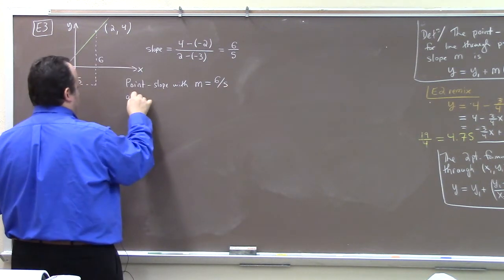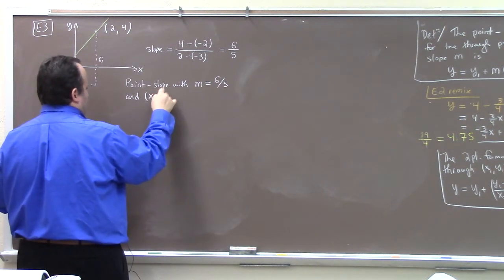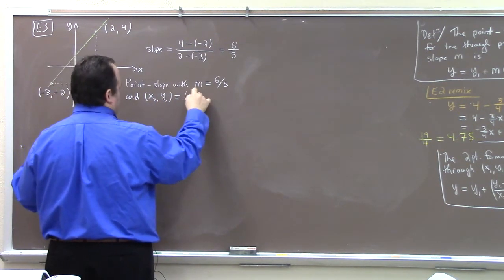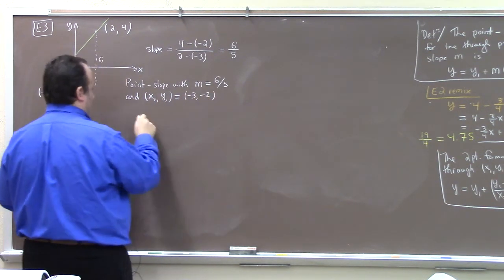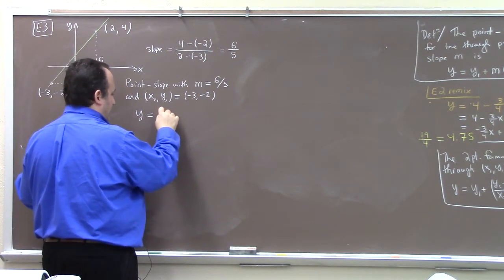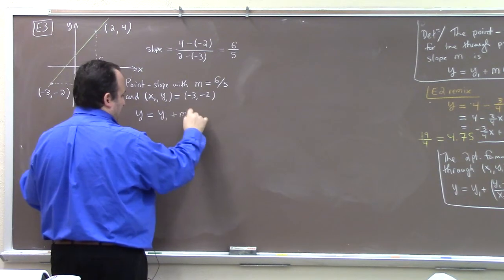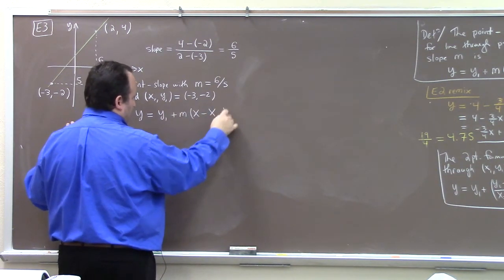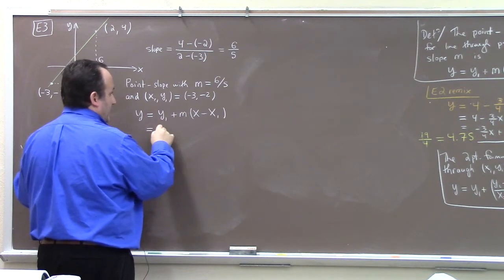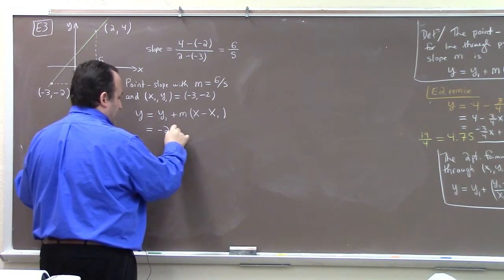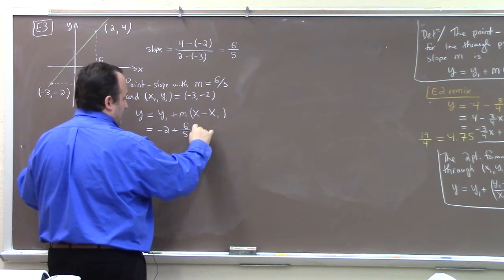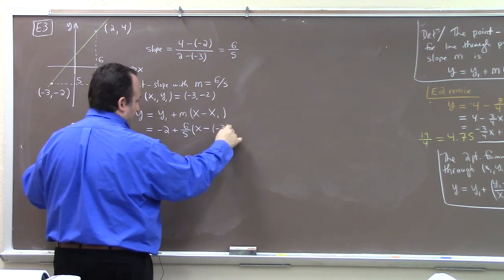And let's let (x1, y1) equal (-3, -2). We get y is equal to, how's it go? It goes y1 plus m times (x minus x1), right? That's point-slope. Put in the numbers we have. So that's -2 plus 6/5 times (x minus a -3).